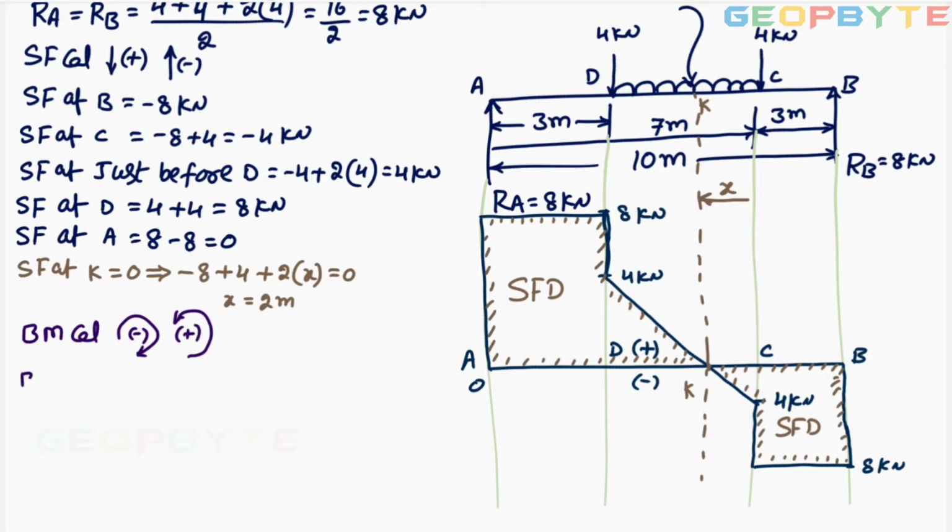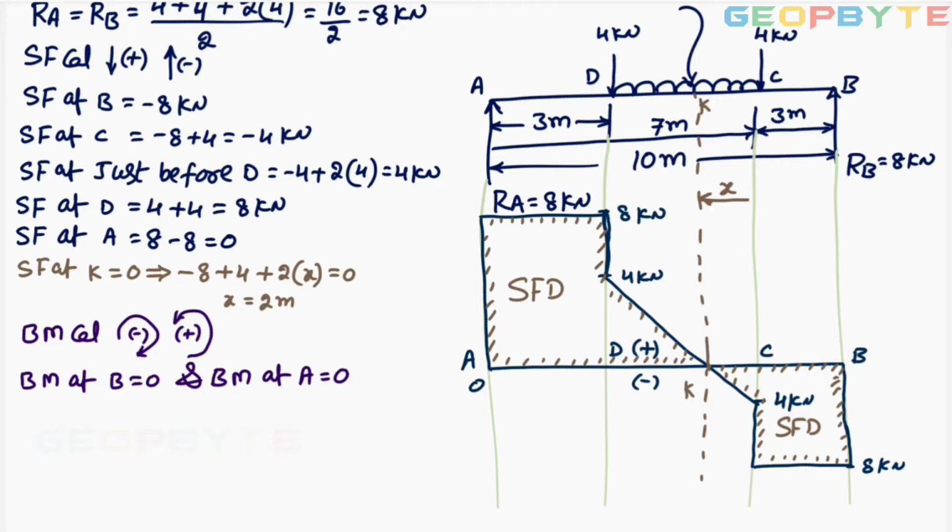As we know, bending moment at B equal to 0 and bending moment at A also equal to 0. For a simply supported beam, bending moment at both ends equal to 0.